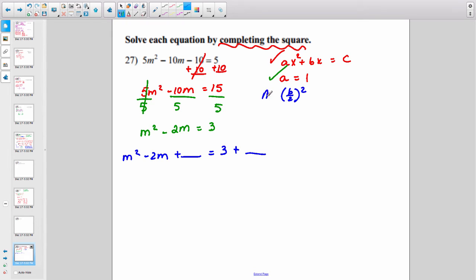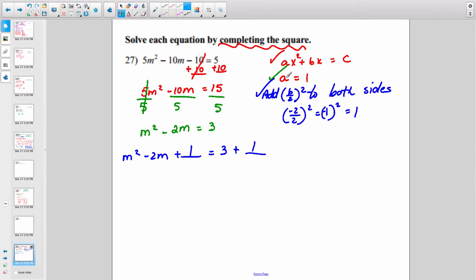We're going to add that to both sides. Okay, so b over 2 squared. b is negative 2. So negative 2 over 2 squared. That's just negative 1 squared, which is 1. So we're going to put 1's there, and we're done with that step.